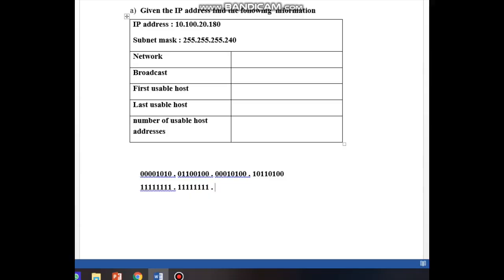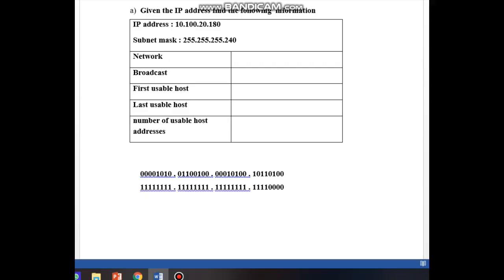In the third octet we once again have 255, so that's 11111111. In the fourth octet we have 240, so the binary for 240 will be 11110000. Right, so that's the binary representation of the subnet mask.